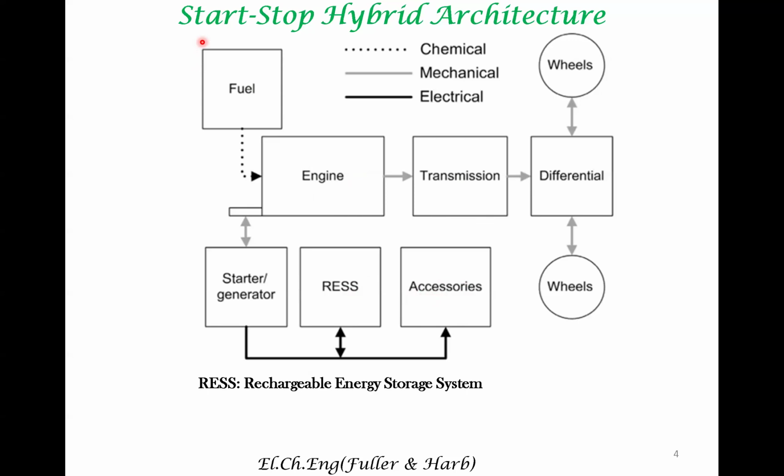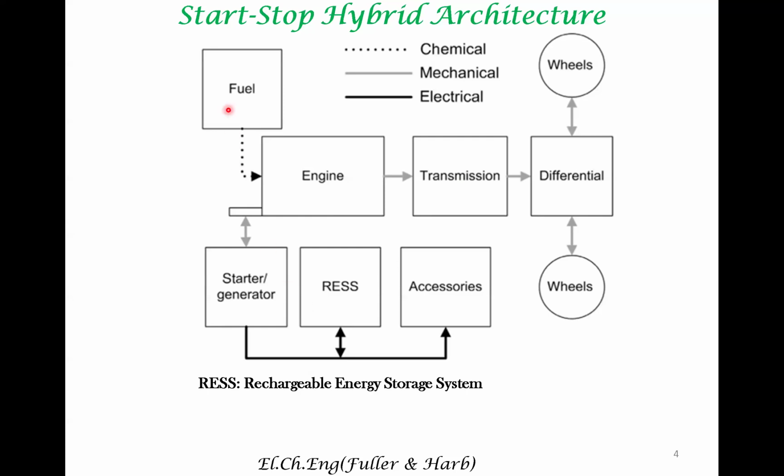This is called the start and stop hybrid architecture because the characteristic of this architecture when the vehicle is stopped is very different from the previous architecture. And during the starting of the vehicle, this architecture is also different from the previous architecture. So all these things have to be seen from the previous lecture.